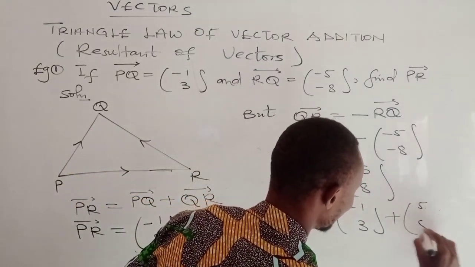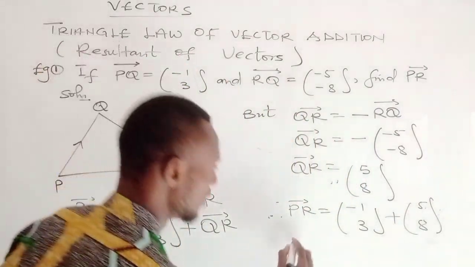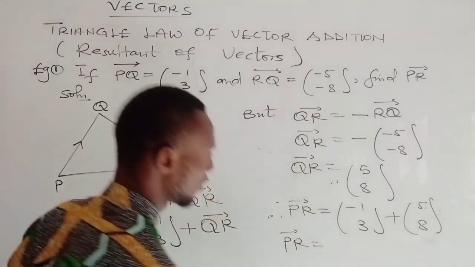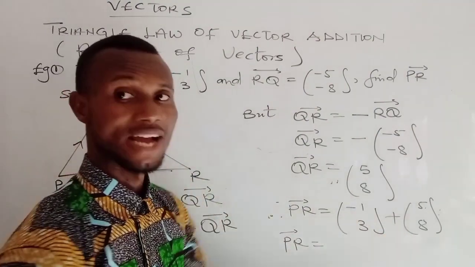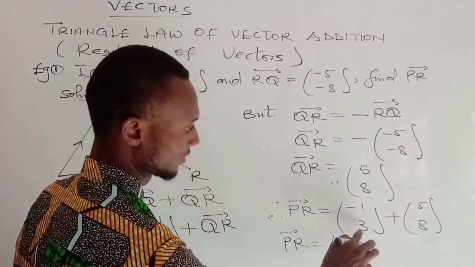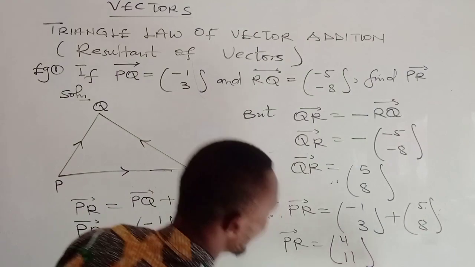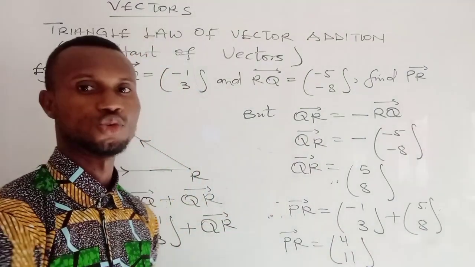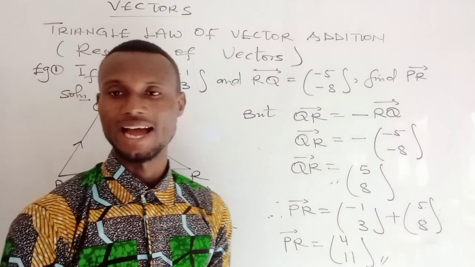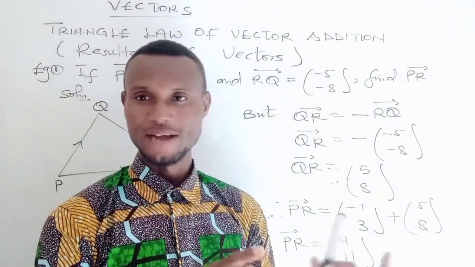Then now we simplify. So my vector PR will be equal to minus 1 plus 5, it gives positive 4, and 3 plus 8, it gives 11. So I have my vector PR to be 4, 11, and that is the final answer. I hope the explanation is clear enough up to this point.